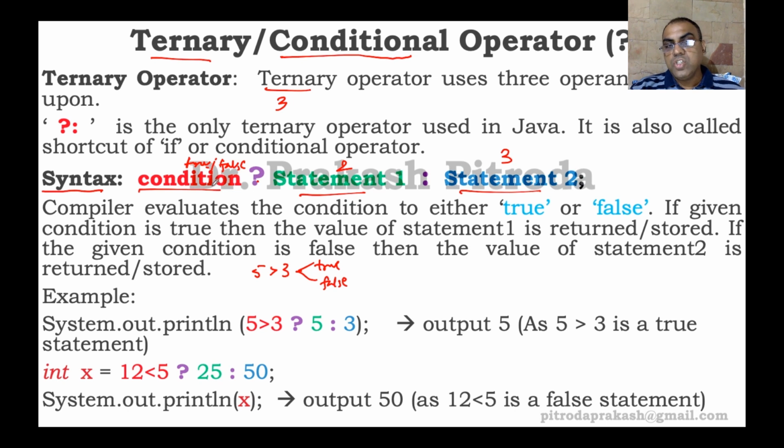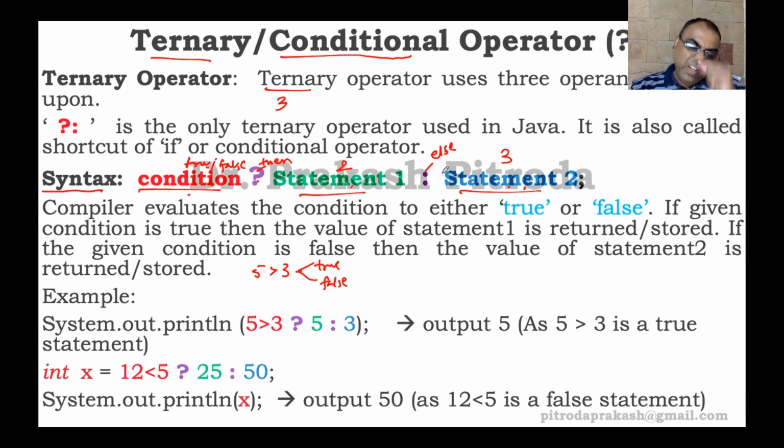In case the condition is true, the question mark works like then and the colon works like else. So it is read as: if the condition is true, then follow statement 1, else follow statement 2. Else means when the condition is false, the computer will not follow the then part, it will follow the else part.